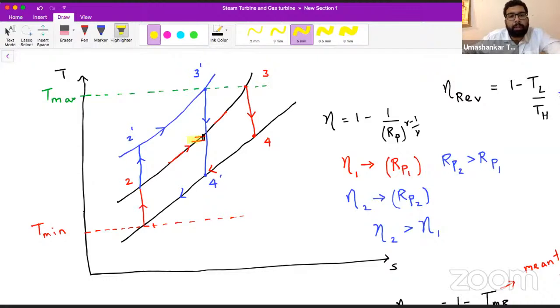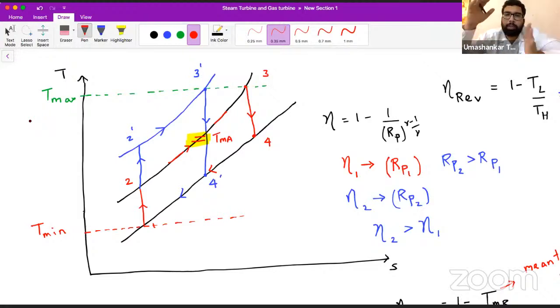Average is somewhere in between, no? So in between 2 and 3, this is our mean temperature of heat addition. Mean is somewhere in the middle of the two values. This is what we call average or mean, in general.